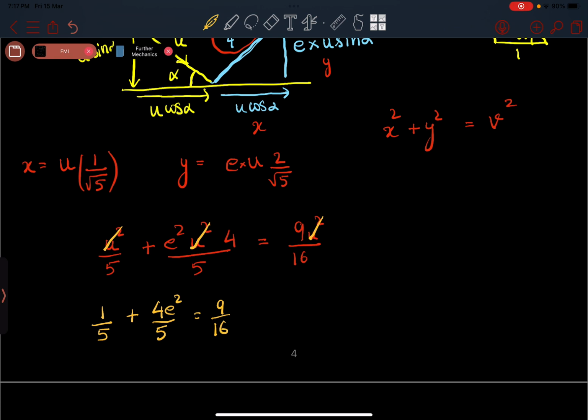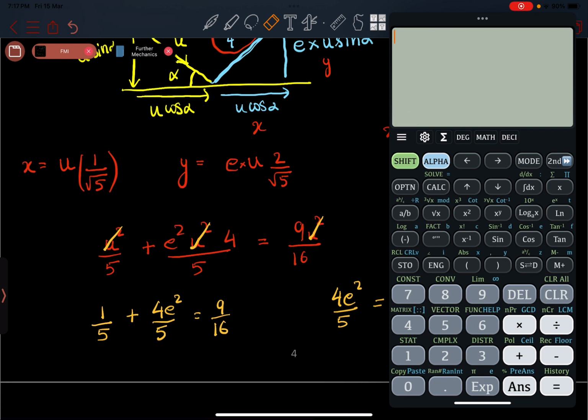So we could now go on to say 4e squared over 5 equals 9 over 16 minus 1 over 5. Take that answer and then times it by 5, then divide it by 4.